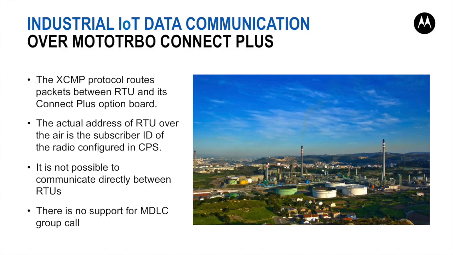The actual address of RTUs over the air is the subscriber ID of the radio configured in the CPS. It is not possible to communicate directly between the RTUs because direct communication between radios for raw data is not allowed. With MDLC, communication could be routed between the remote RTUs via the FEP.